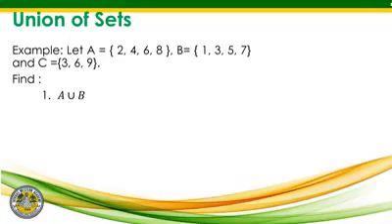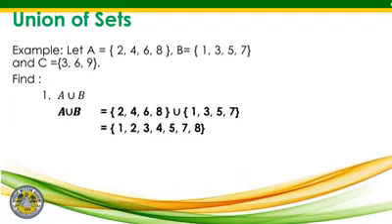Remember, class, that to form the union of two sets, put all the elements of the two sets together in one set. So, we have A union B, wherein we have {2, 4, 6, 8} union {1, 3, 5, 7}.